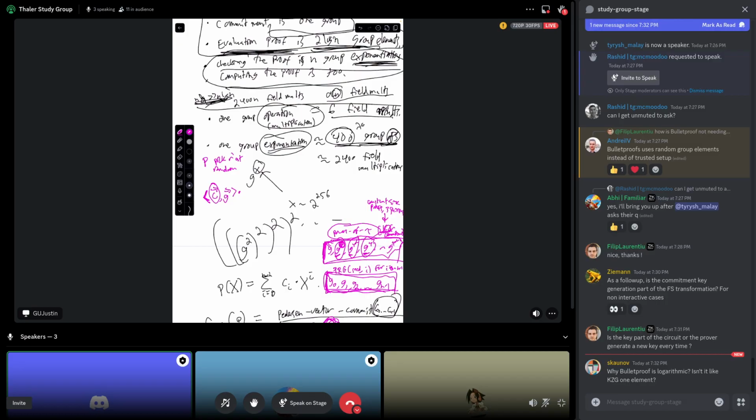And multiply by H to the R prime, where H is just one more random group element in the commitment key. So add H to the commitment key. That would blind the commitment and make it statistically independent of the committed polynomial C. And then, I'm about to tell you what the evaluation proofs look like, and you'd have to worry about blinding those as well.